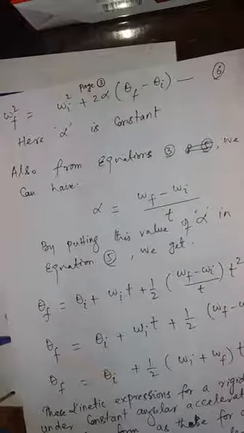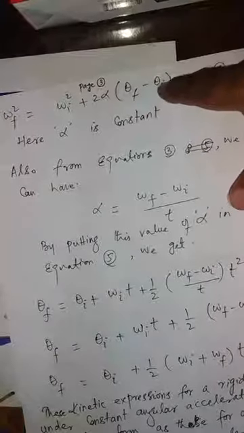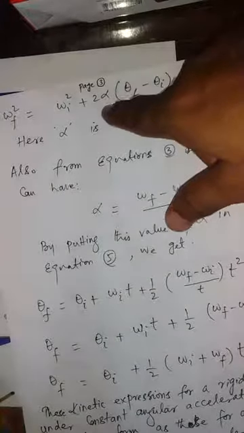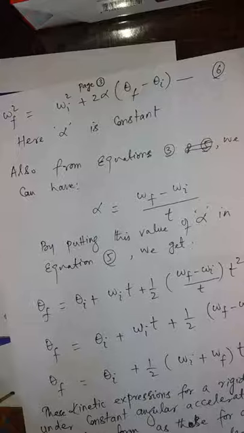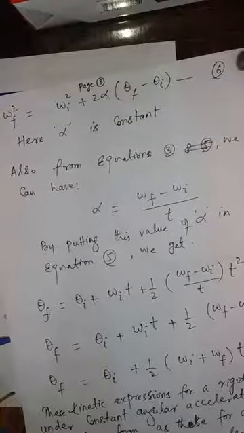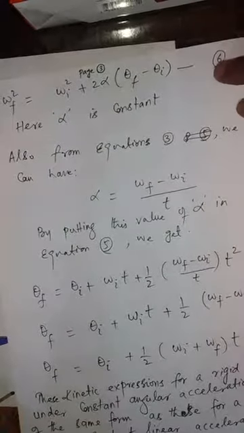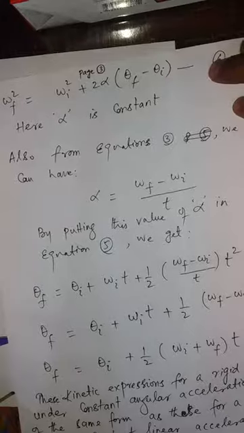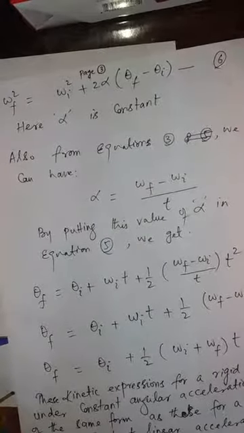We just have to replace omega with v, alpha with a and theta with s. So the equation in the linear case will be 2as equal to vf square minus vi square. So this is the equivalent equation of our angular motion under constant angular acceleration.